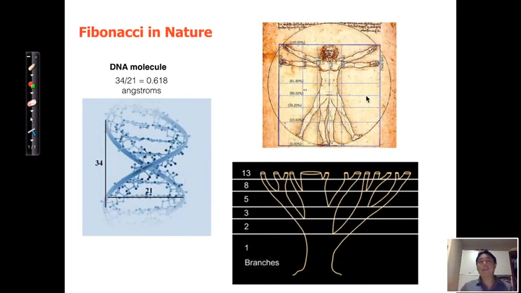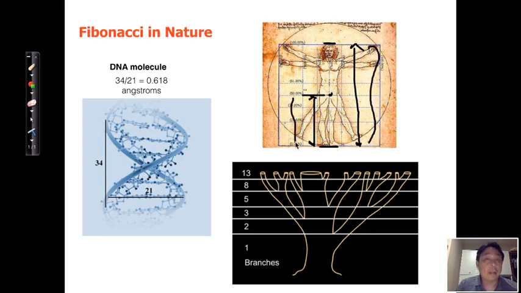If you look at the human body, right, and if you were to take, for example, the height of an average person, right, so that's the total length of a person, and then you take the distance from your navel, your belly button, to, again, your feet. If you take this entire length of your whole body, divide by this length, guess what you get? You get approximately 0.618.